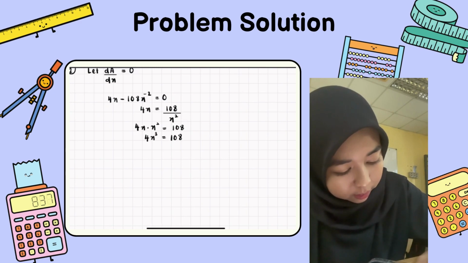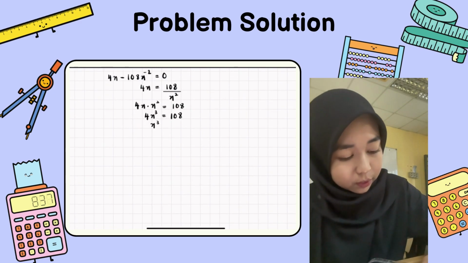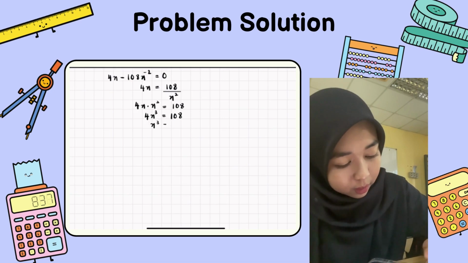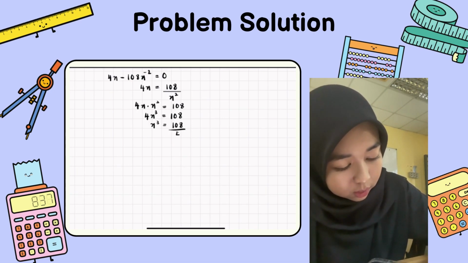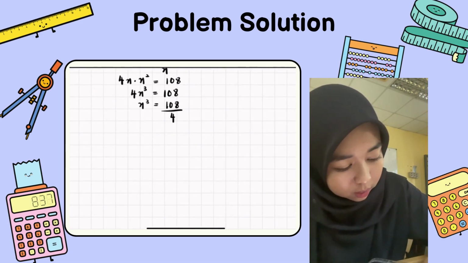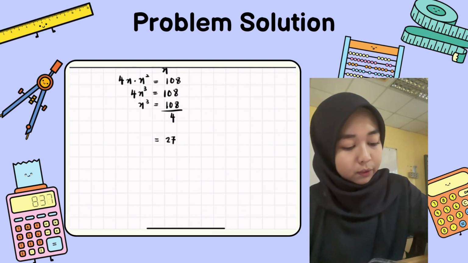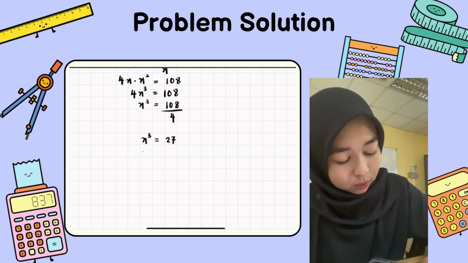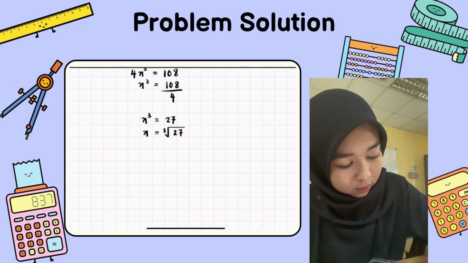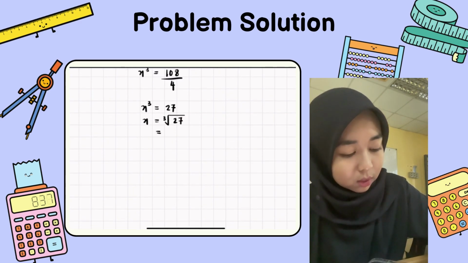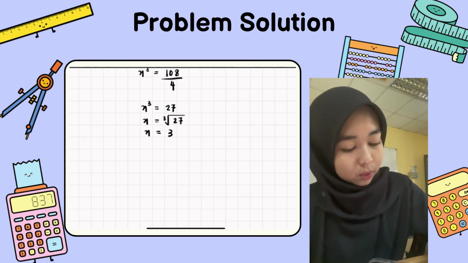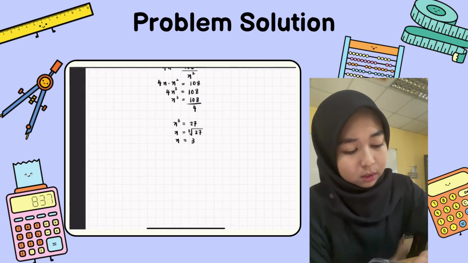We get 4x to the power of 3 equals 108. So x to the power of 3 is 108 over 4, which gives us 27. So x equals the cube root of 27, and we get x equals 3.